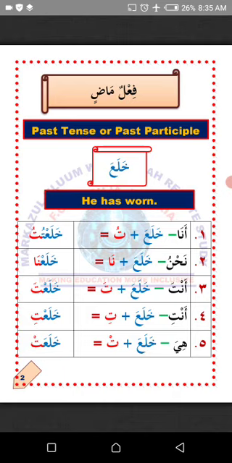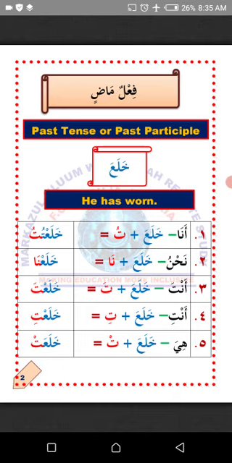Number four. Anti, you, representing a single female person. All you need to do is to attach ta'un carrying kasra to the last letter. Then you give sukun to the letter before it. So the verb khala'a will now become khala'ti, which means you have taken off.